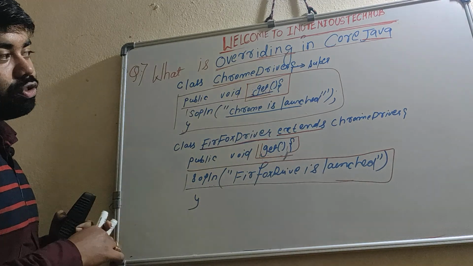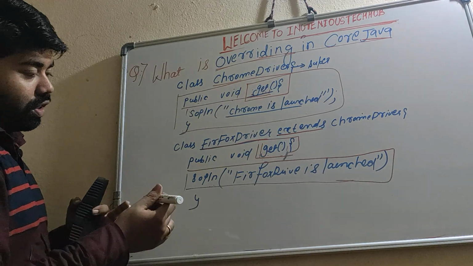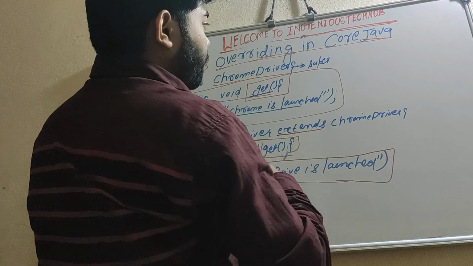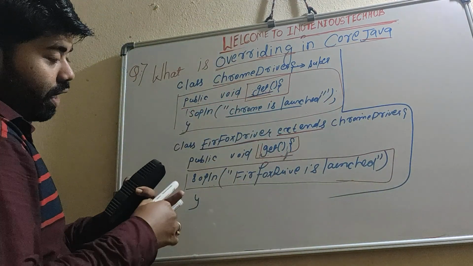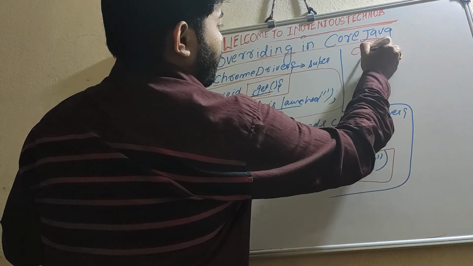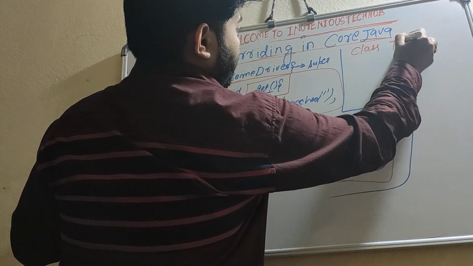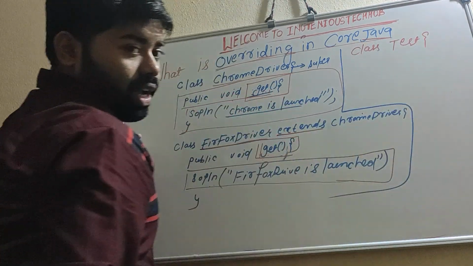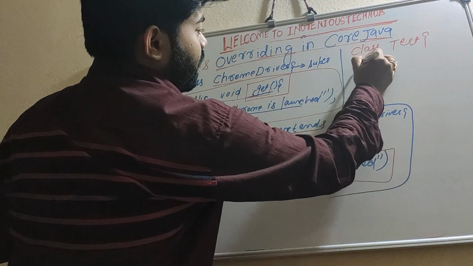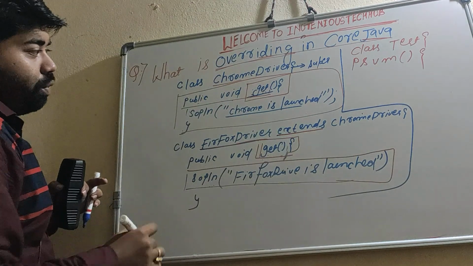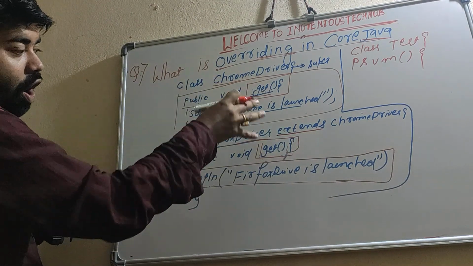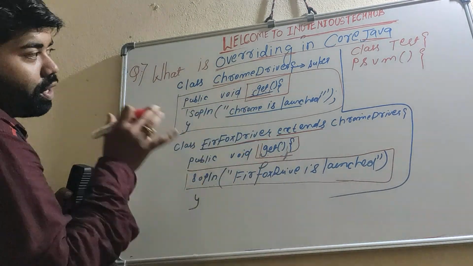What is the execution flow? I'm going to create one class, Test, with a public static void main.